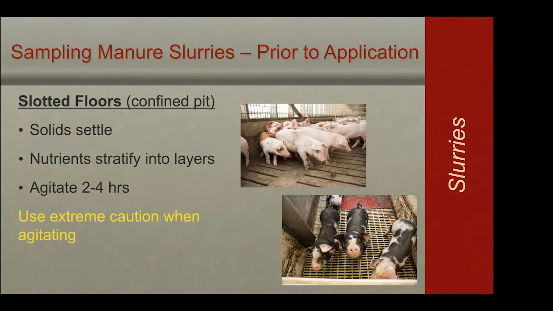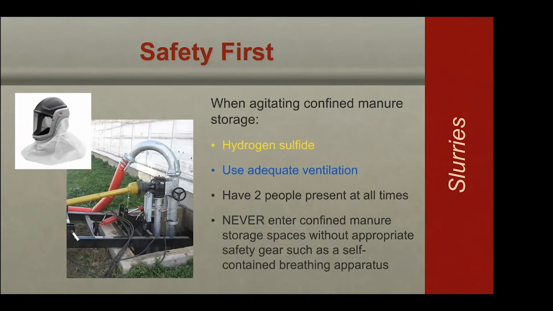One thing in these, and for a lot of the swine production, that manure is actually going into a pit underneath the barn. I cannot emphasize enough how careful you need to be if you are sampling from a pit underneath the barn, especially if you're agitating. So safety first. Those pits, that manure produces hydrogen sulfide, and hydrogen sulfide can be lethal.